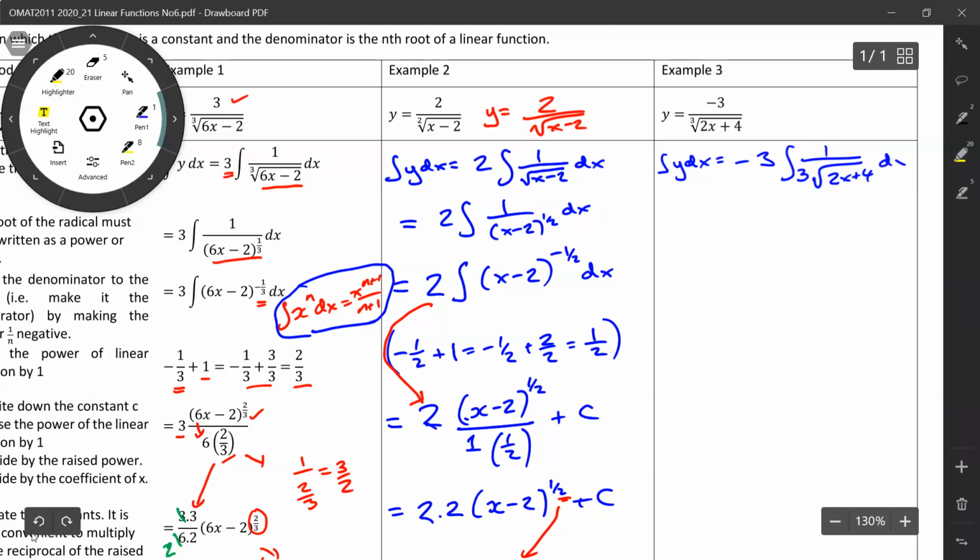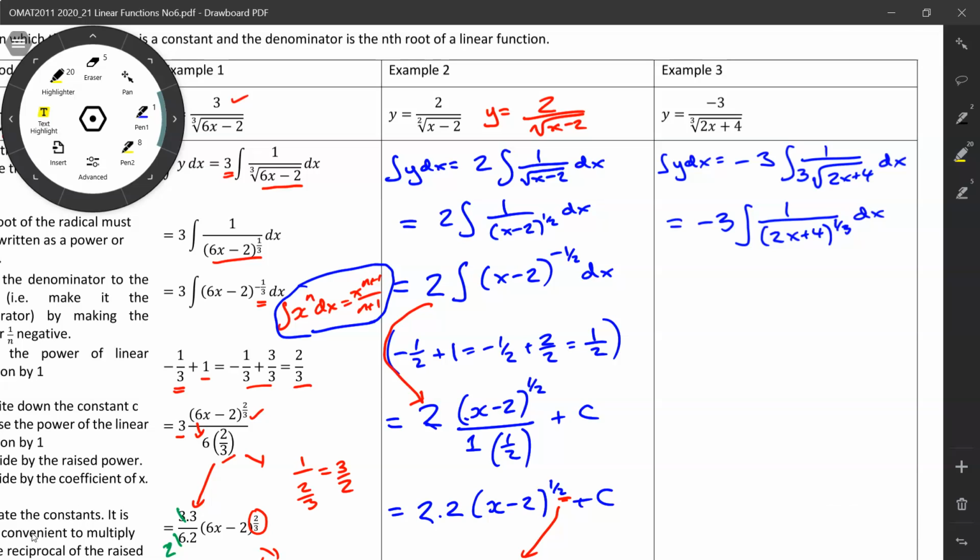Sorry, I should have said this function is y is equal to minus 3 over the cube root of 2x plus 4. The next step then is to write this radical using a power. So it's 2x plus 4 to the power of 1/3 dx.